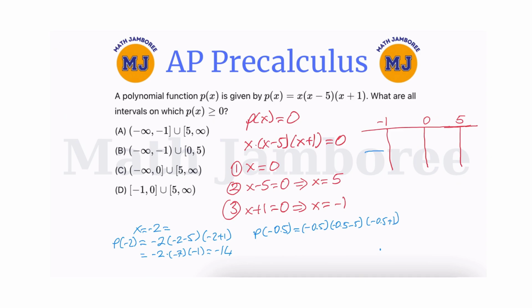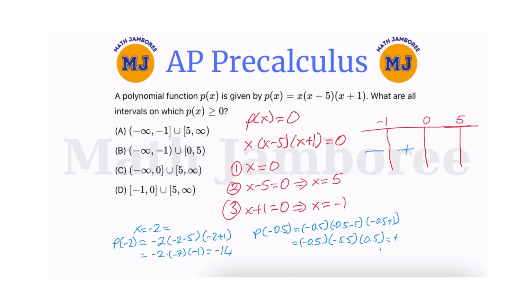Technically this becomes negative 0.5 times negative 5.5 times positive 0.5. Two negatives, when you multiply, turn into a positive, so this becomes positive. It gives you 3.75, but you don't need to worry about the result, just look for the sign. This is positive, so between negative 1 and 0, we have positive values.